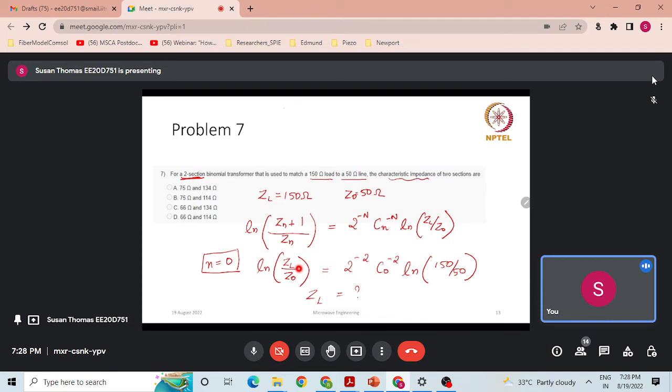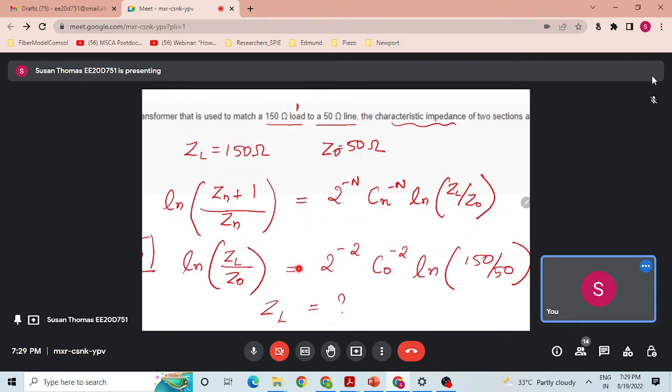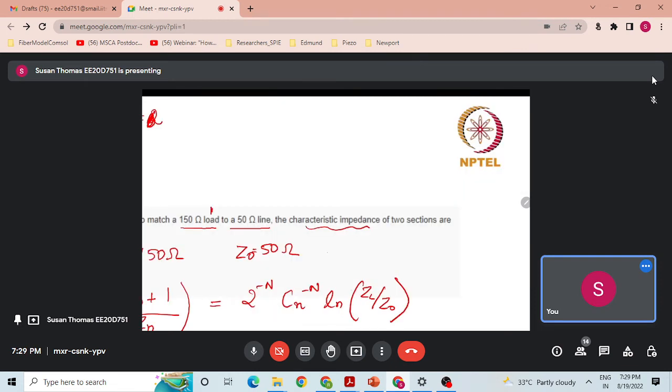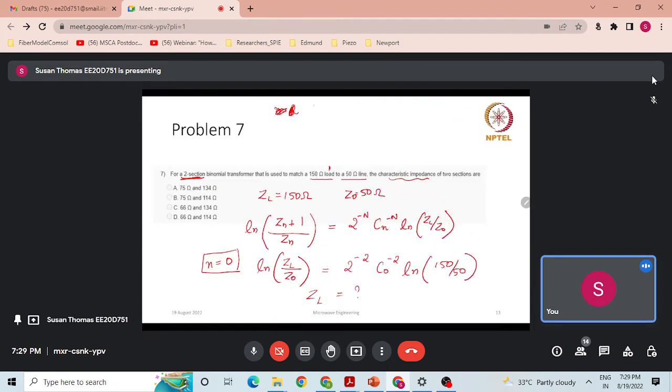For the second section, substitute n is equal to 1, small n is equal to 1 and capital N is equal to 2. Please don't confuse those things.